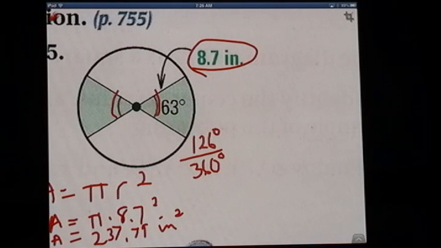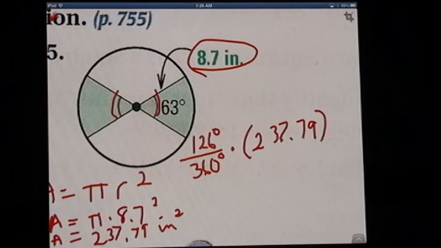And what is that total area? It's down here, 237.79. Okay, so we're just going to divide 126 divided by 360, and then we're going to multiply that times 237.79 because that's the part we're wanting to know.